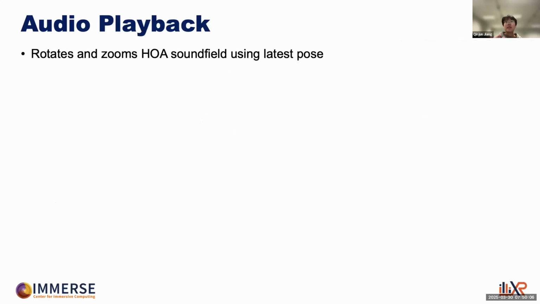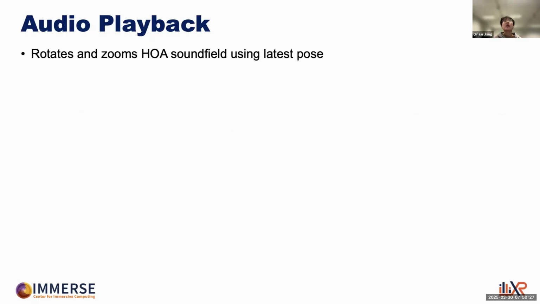Okay, then once we have this sound field, the next step is to play this sound where the user is in this application, right? But what we need to know is that the user will not be fixed at a certain position during the application. Instead, they will move around, right?